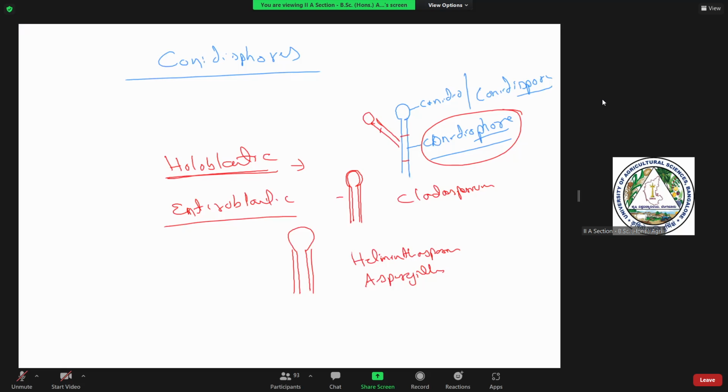A simple or branched spore-bearing hypha is often called either a conidiophore or a sporangiophore. The sporangium is a seed; phore is a bearer or holder, I can say.